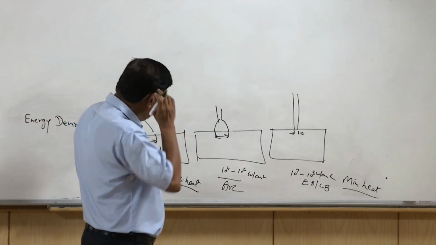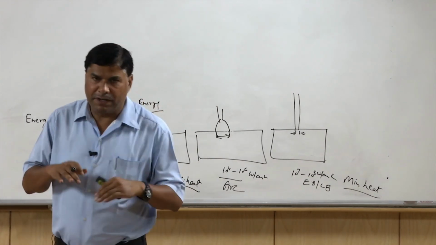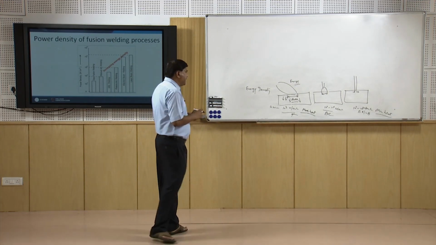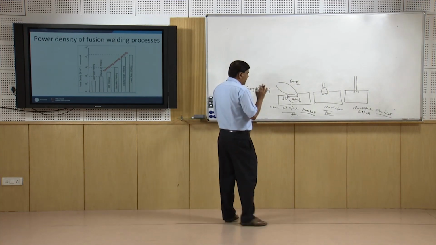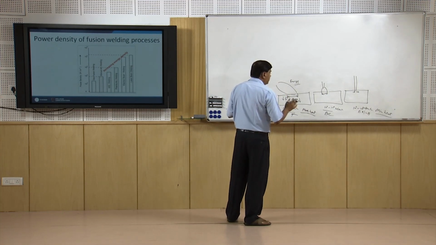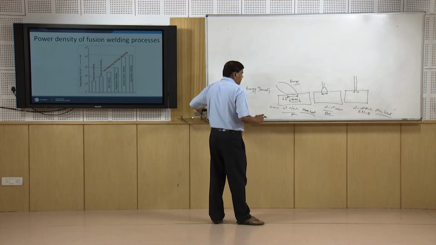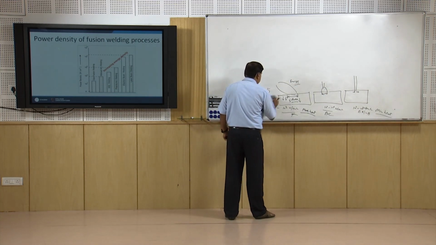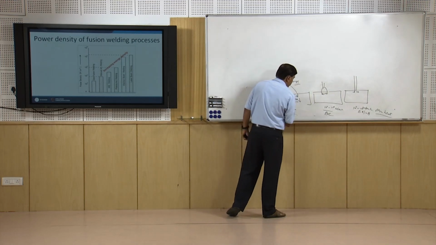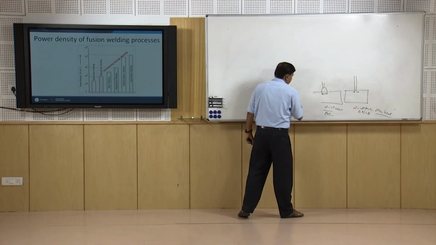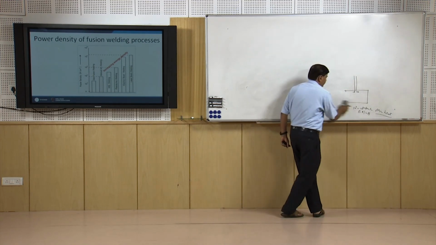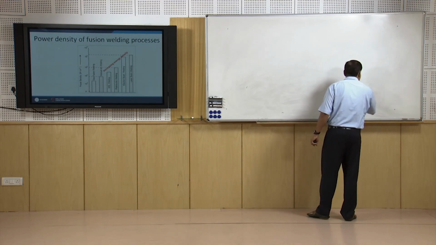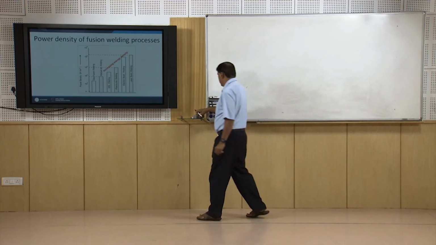The amount of heat required for fusion, so that the joint can be made, varies with the energy density, and that amount of heat significantly affects the joint capability or the performance of the joint. That is what we will see now: if the amount of heat required changes, how do the characteristics of the joint change?